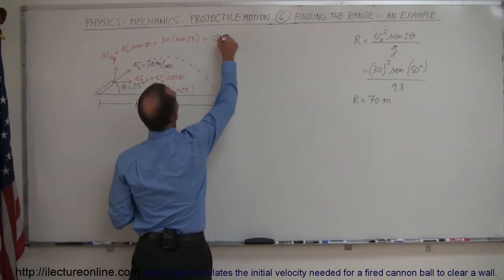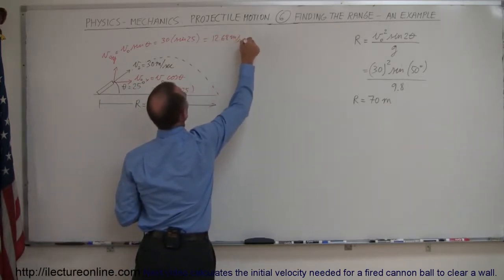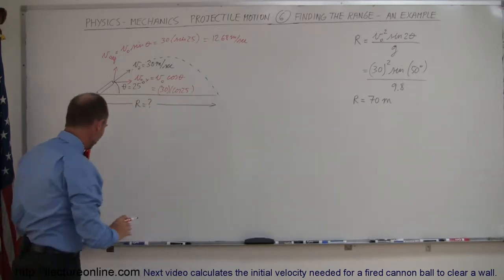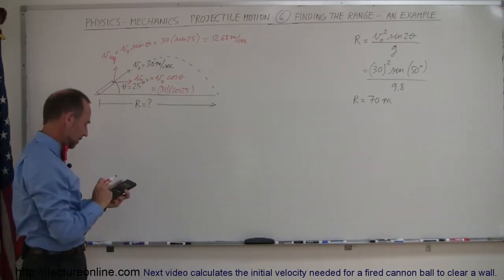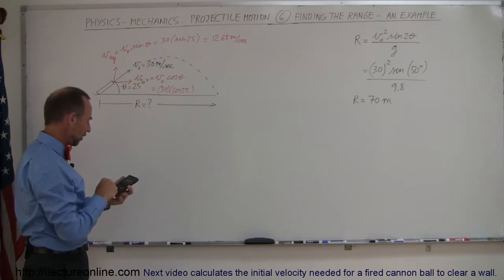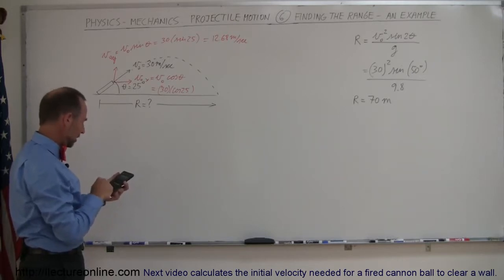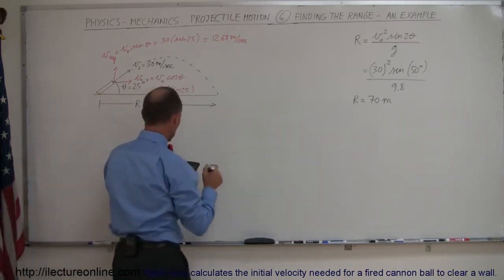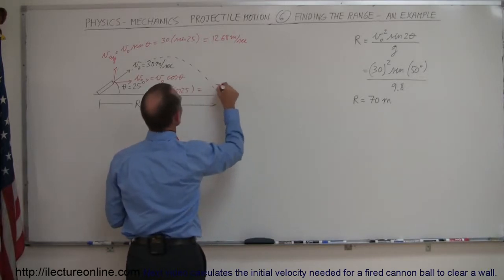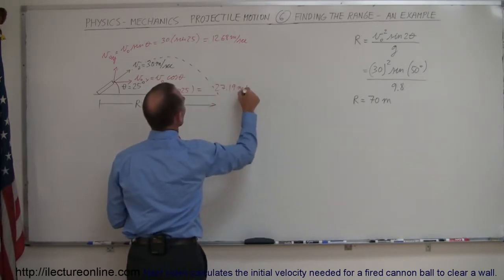So 12.68 meters per second. Notice that I keep an extra few significant figures so I don't have any round-off errors. And on the x direction, the cosine of 25 times 30 equals 27.19. So that would be 27.19 meters per second.